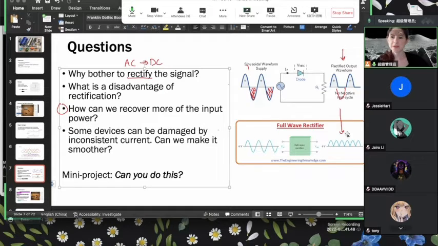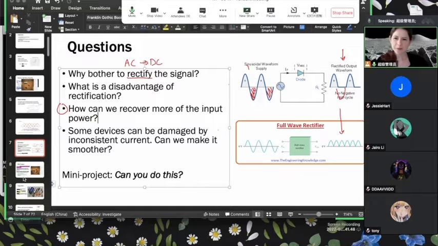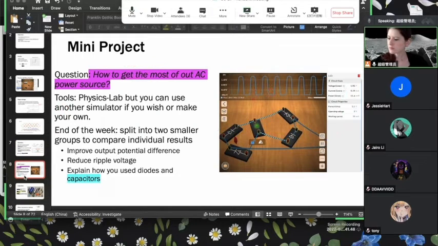We're going to do a mini project this week where you will investigate how to get the most out of an AC power source. You can use Physics Lab or another simulator.